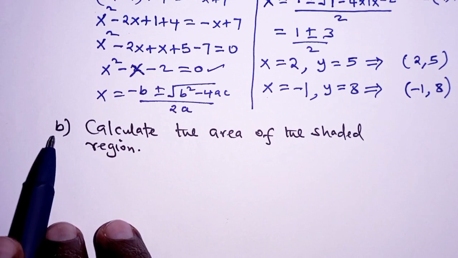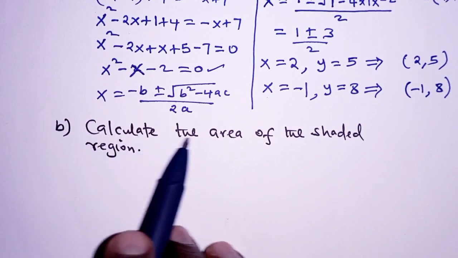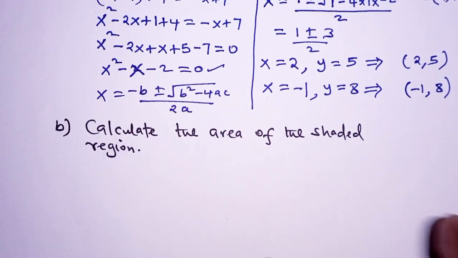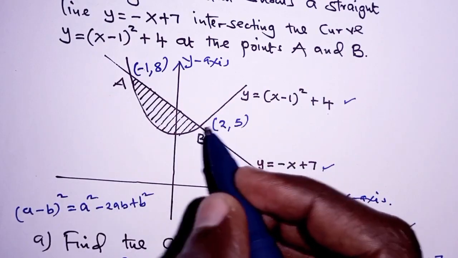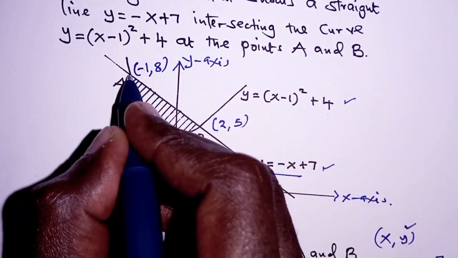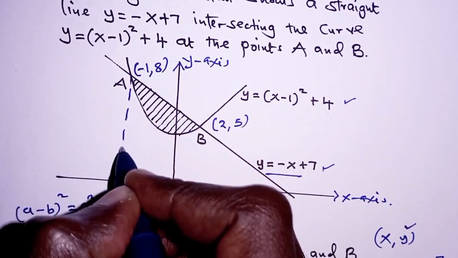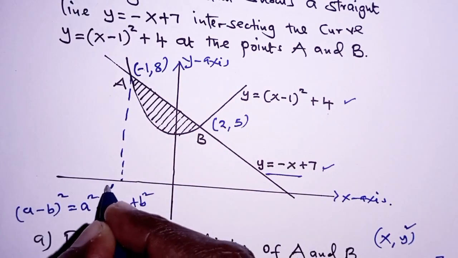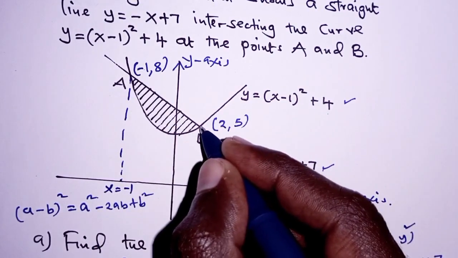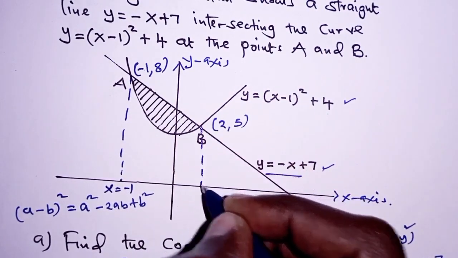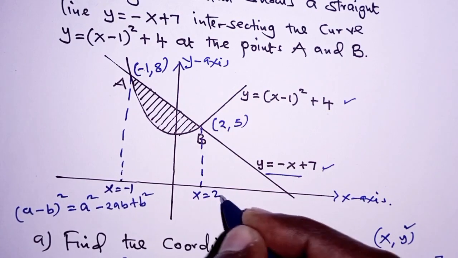Now let's look at part B. Calculate the area of the shaded region. When you're determining the area of the shaded region, we want to look at the limits. The region begins from the point x is equal to negative 1, that is the x coordinate here, up to this point B, where x is equal to 2.